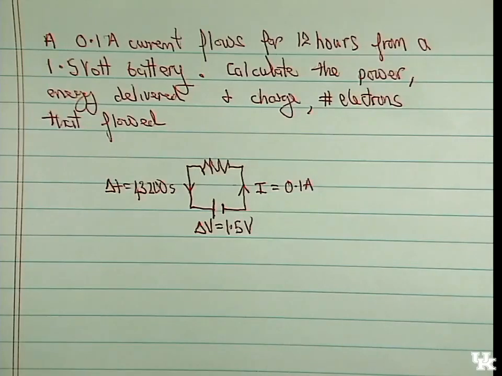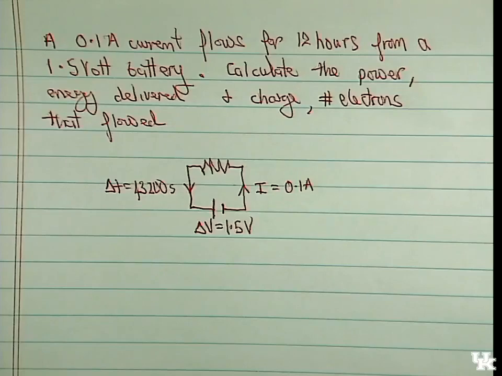And then we're going to work through the various questions that were asked in this problem. We're going to figure out the power that the battery is delivering to the circuit. We're going to figure out the energy that gets delivered to the circuit over 12 hours. We're going to figure out the charge that flowed around the circuit.